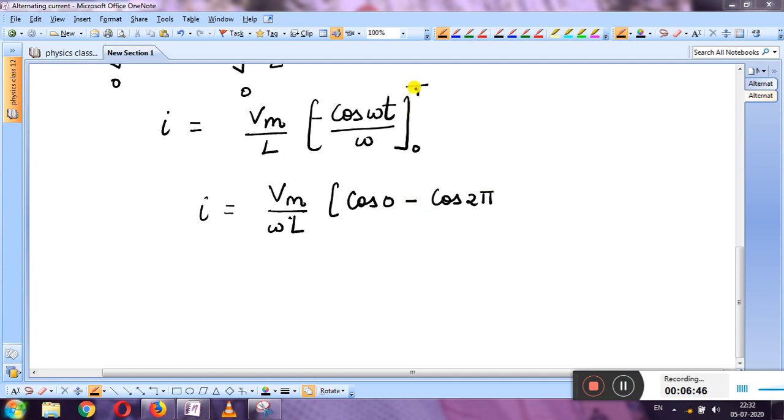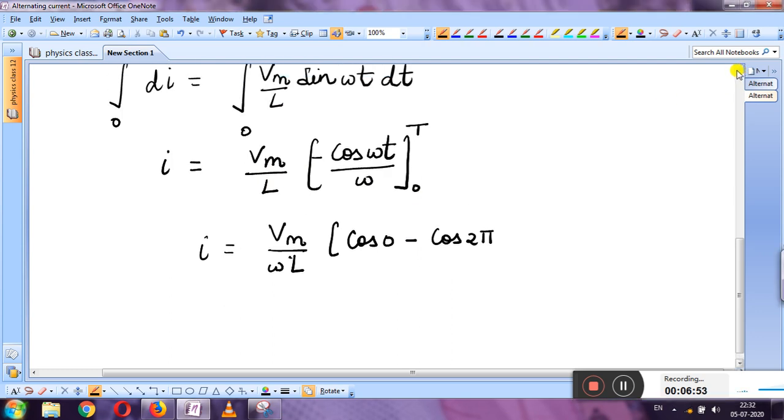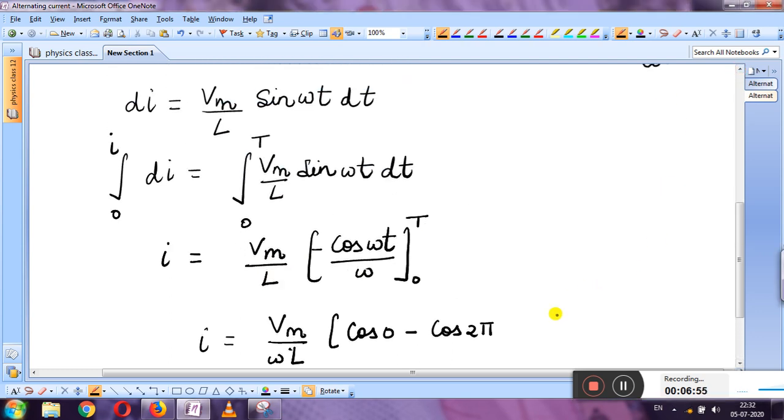Children, instead of writing these limits, what will we do? We will solve this integration without keeping limits. So you can say that here these limits will not come at all. Okay, here there will be no limit.